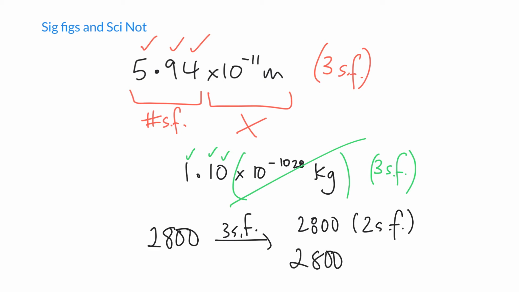So maybe you try 2,800 period, right? And you go ahead and you count sig figs now. So those zeros on the end are now significant because of the decimal point. So now you say it's got 4 significant figures. And you're like, oh no, right? So I can get it to 2, I can get it to 4, but how do I get it to 3? And the answer is we need this third digit here to count.